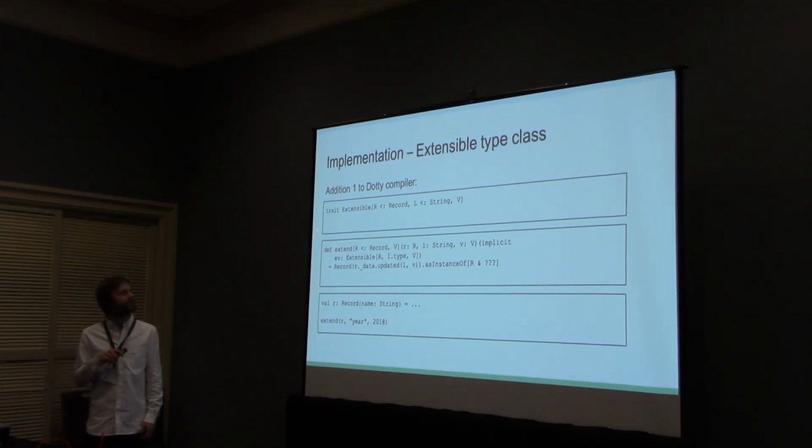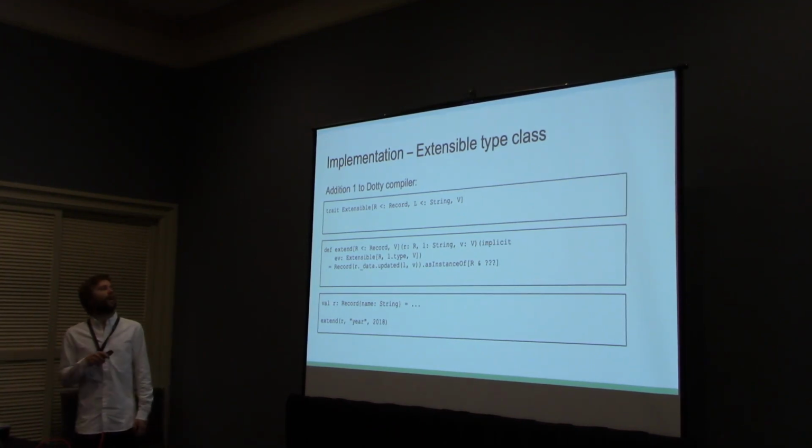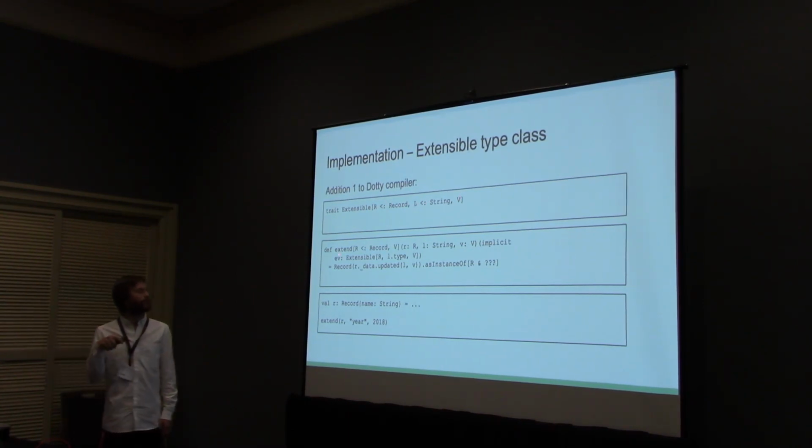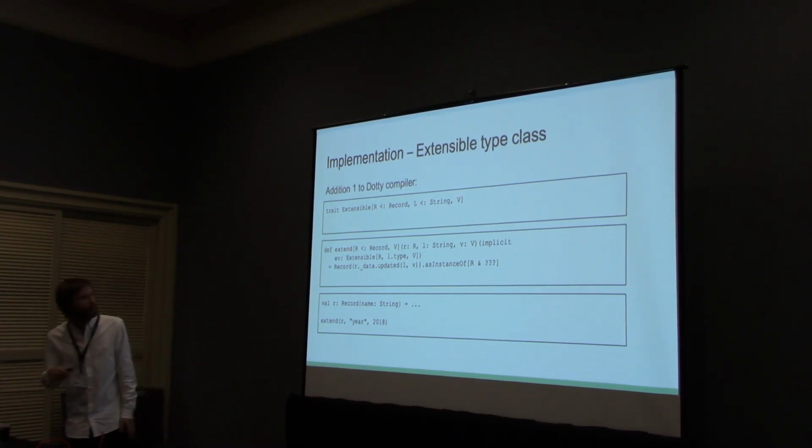So we introduce this Extensible type class here that essentially says that the soundness rule is fulfilled. So an instance of this guy would say that this record R here is extensible with a field with label L and type B. So we replace the concat method with an extend method, allowing you to extend R with label L, value V, only if you can provide an instance of this proof here, using implicits.